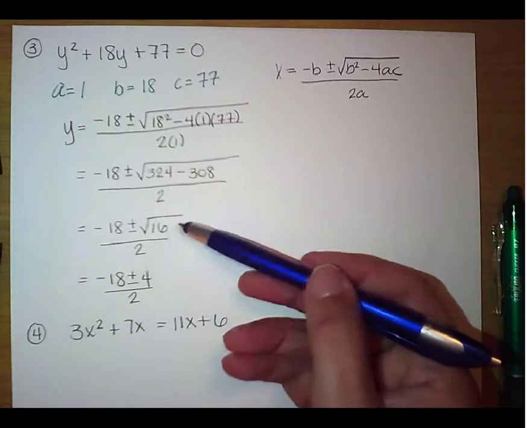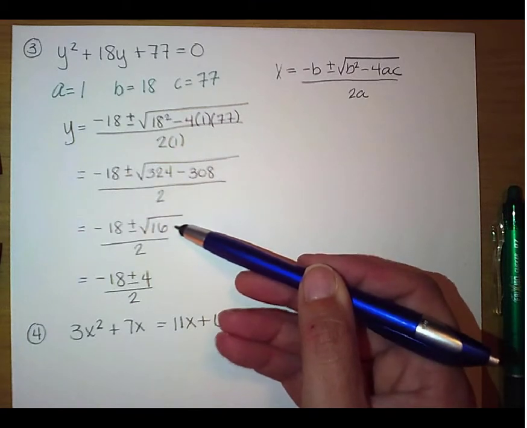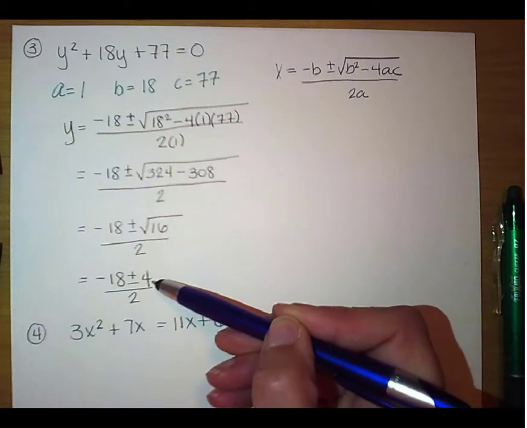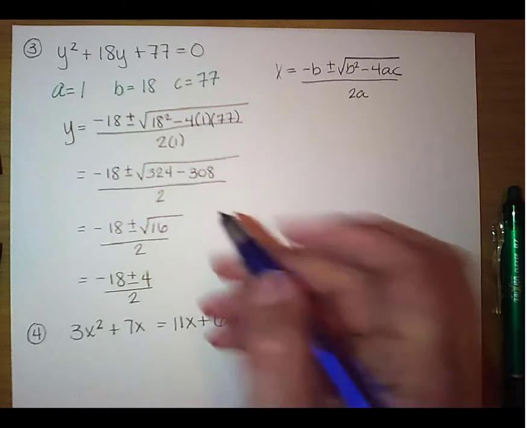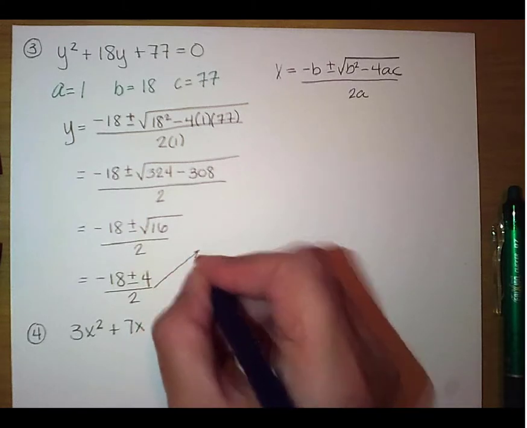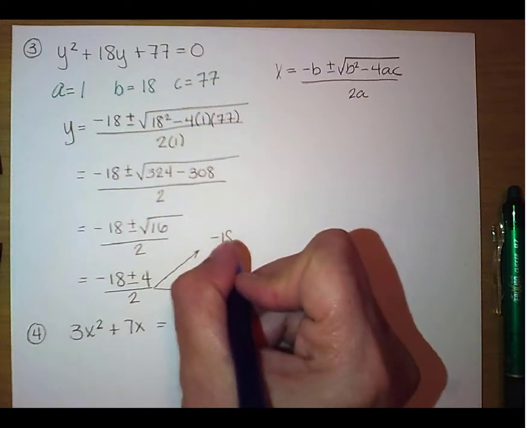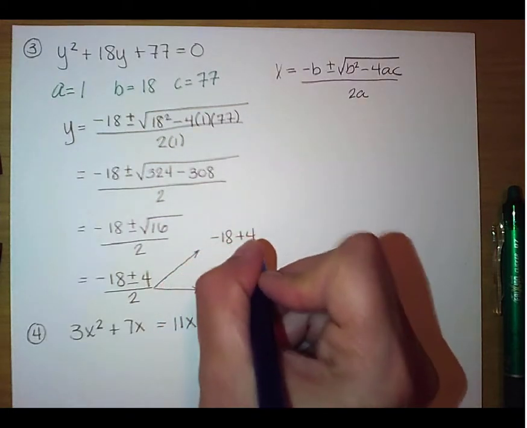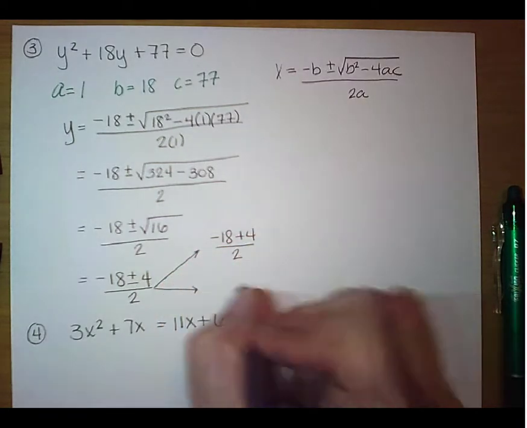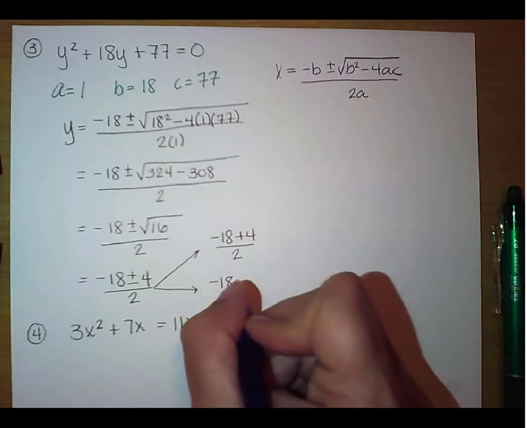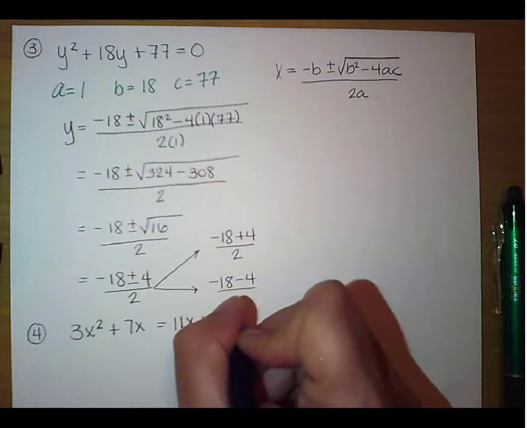And again, the second you can take the square root of 16, making it the number 4, we then need to make sure that we break this apart into two separate answers. So we've got negative 18 plus 4 over 2, and then we have negative 18 minus 4 over 2.